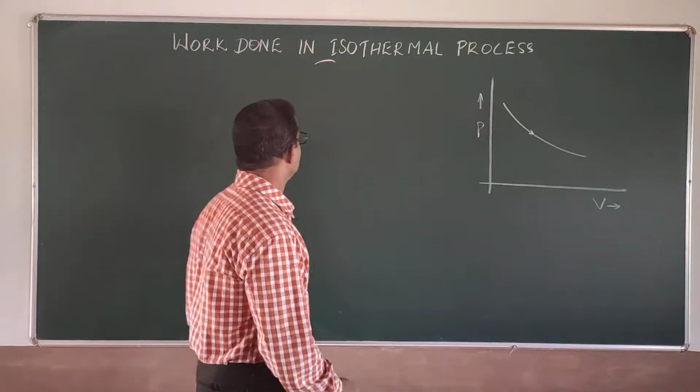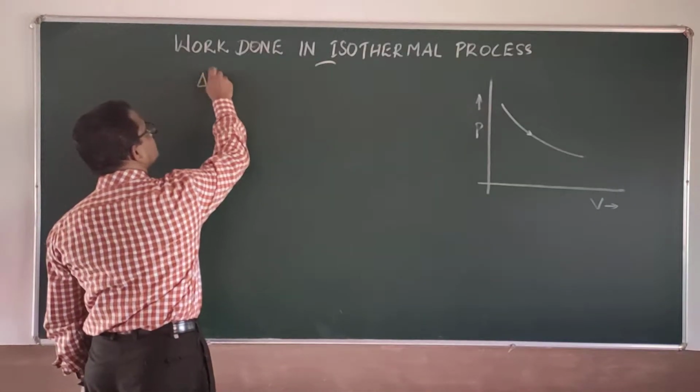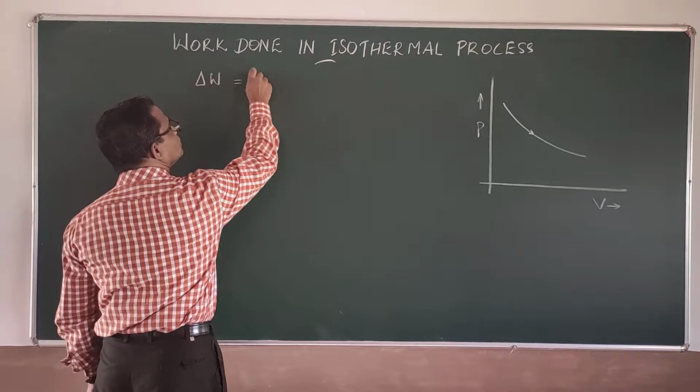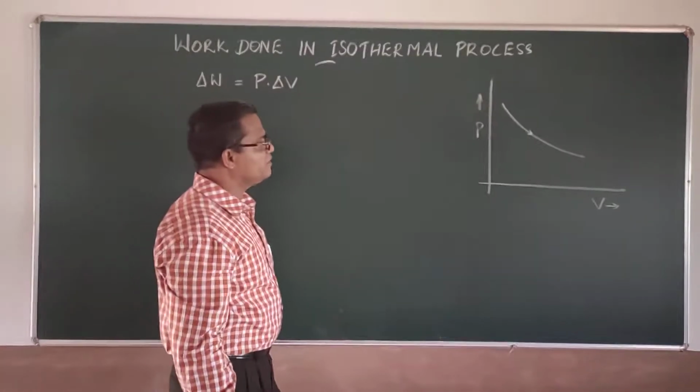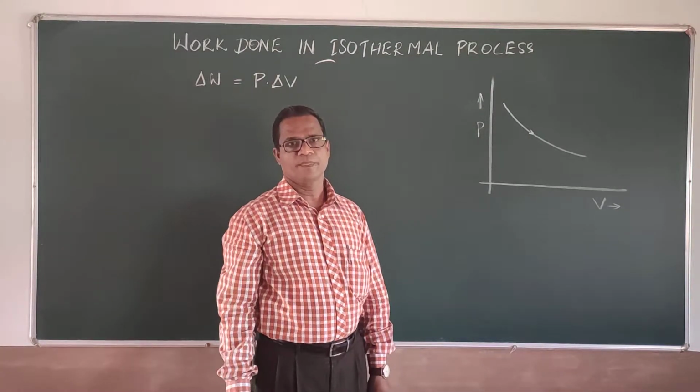We know that the small work done delta W will be equal to pressure into change in volume. This formula we all understood.